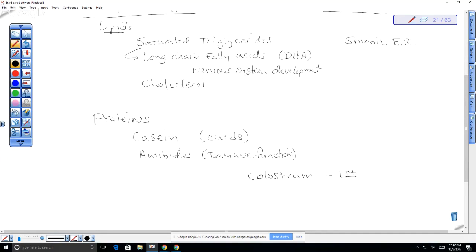If you've ever seen the first milk that comes out, it tends to not look white at all. It tends to be really thick and kind of yellowish, right? And that first milk is important because it provides passive immunity to the offspring. So they get antibodies, right? And then those antibodies get transferred from the mother to the baby.